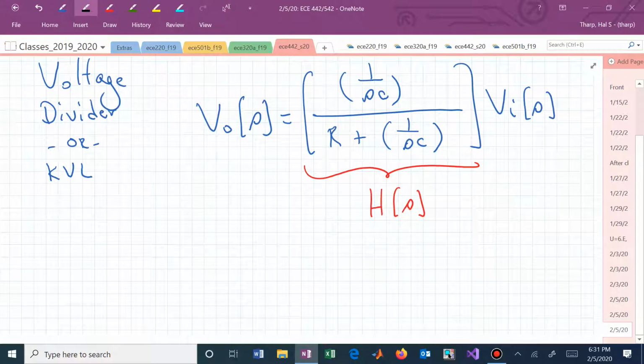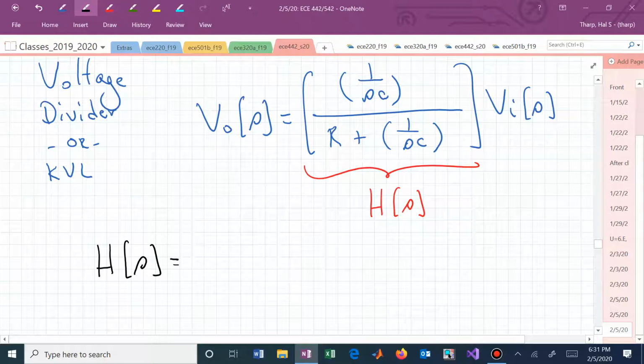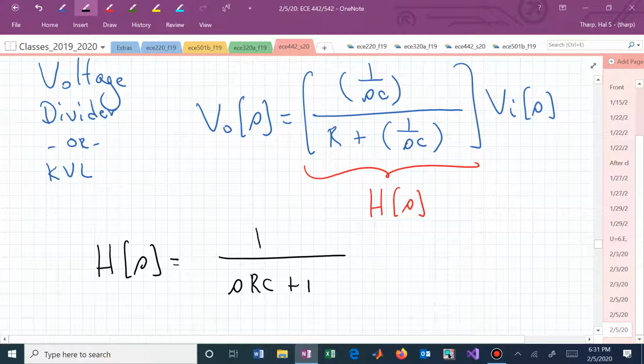That's not so difficult because you could get a common denominator in the numerator and denominator, or you could multiply top and bottom by 1, where 1 is SC, and you now end up with your transfer function, capital H of S, is 1 over SC, well, maybe I should write it the way you normally see it, SRC, or RCS, however you want to, plus 1.